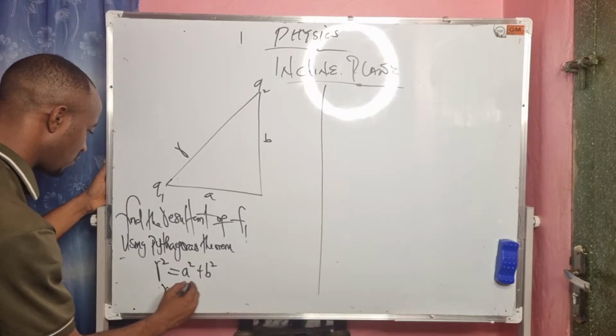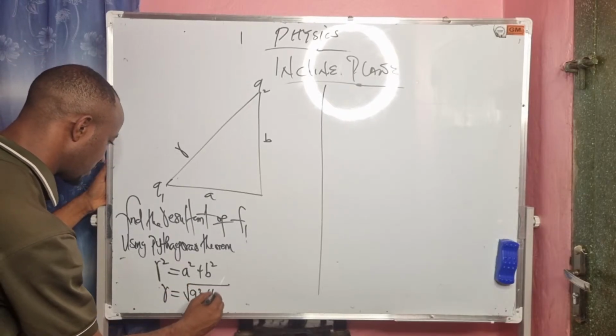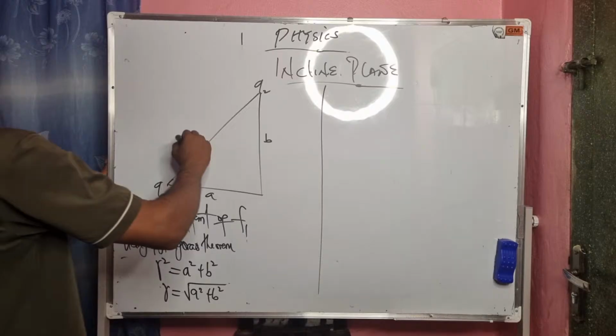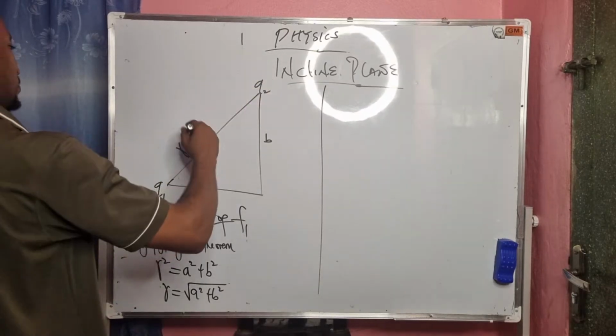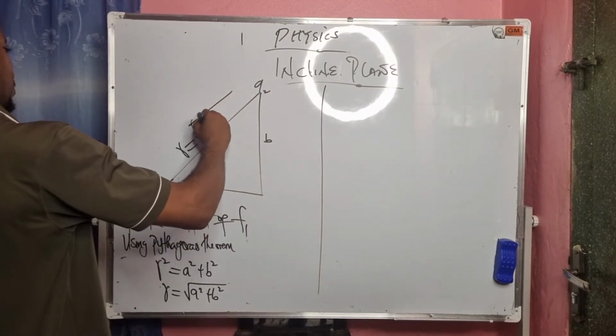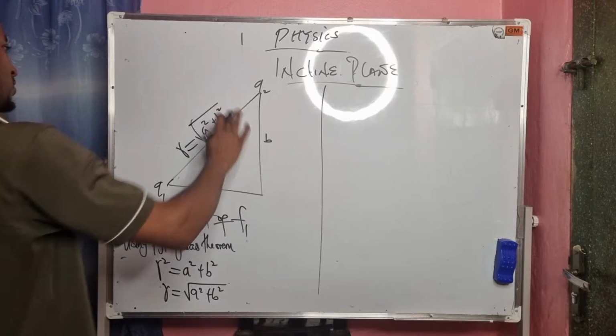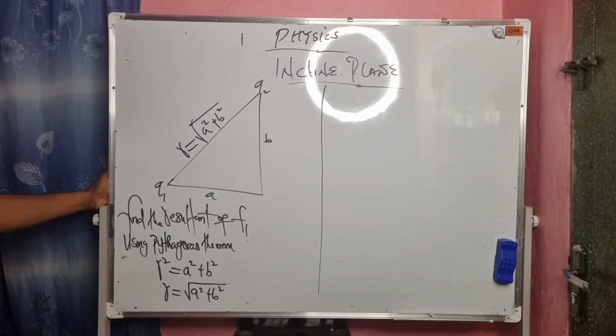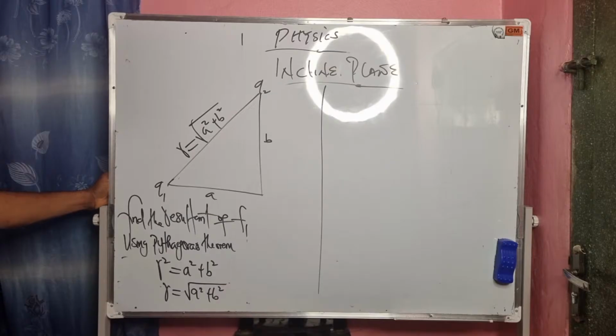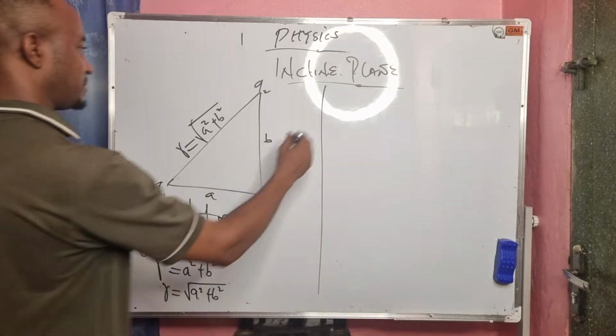So R becomes the square root of A squared plus B squared. So the distance between charge 1 and charge 2 is the square root of A squared plus B squared. Is that clear?